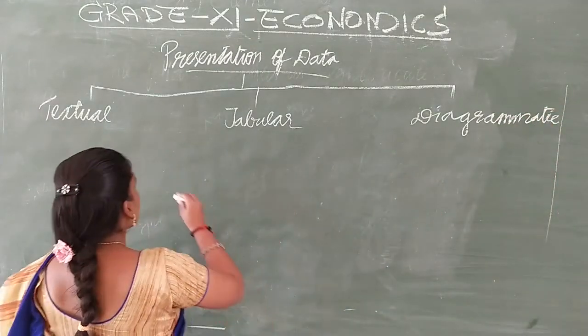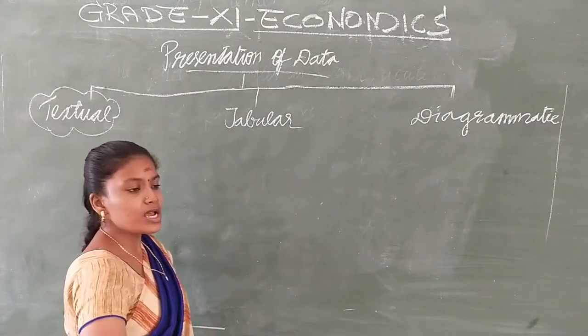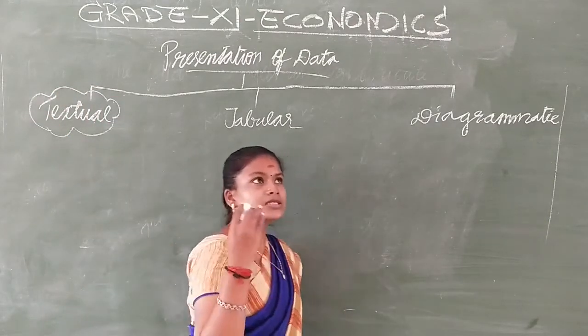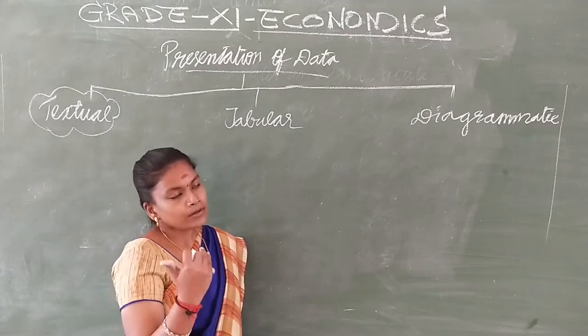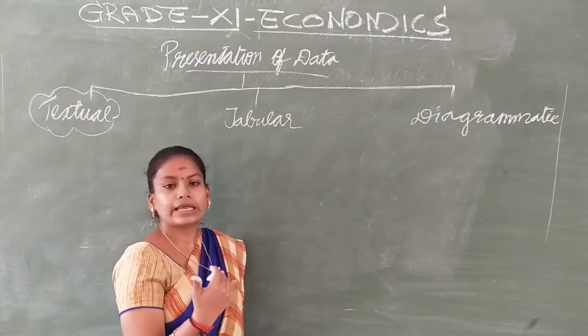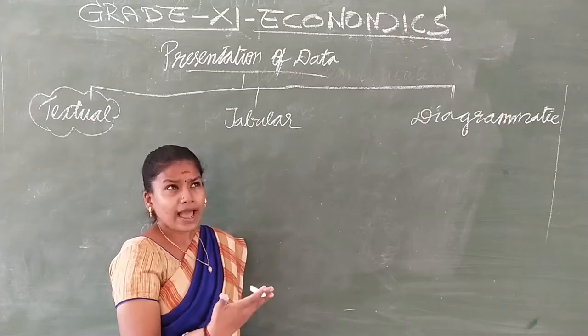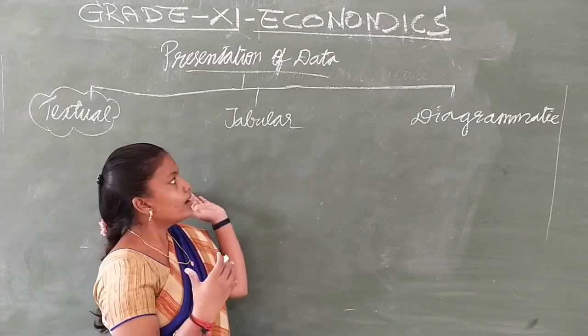Alright children, textual presentation is also called descriptive presentation. Textual presentation means the data is presented in the form of text. It describes the data collected and the variables related with the data. When data is very little, you can go with textual presentation.